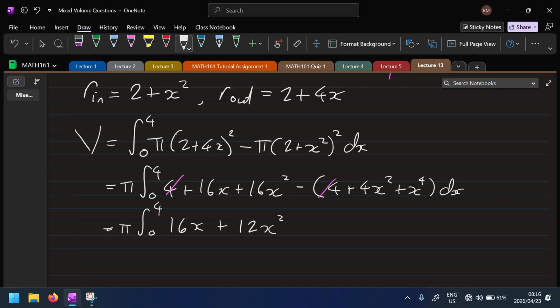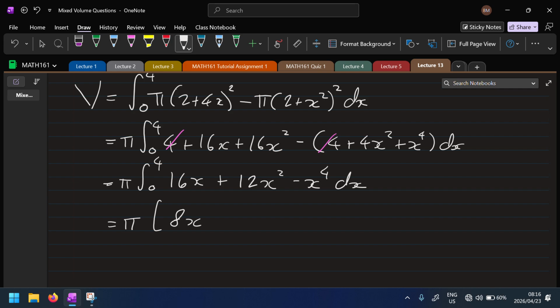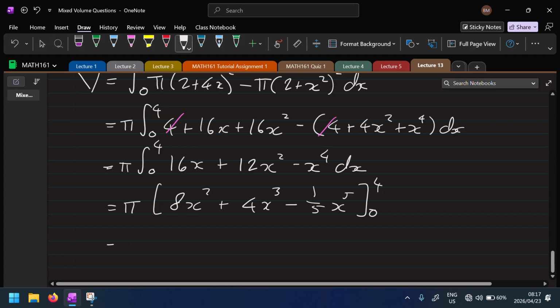And then we have the minus x to the 4 left over in the brackets. So this will be pi times 16 over 2, so that will be 8x squared, 12 over 3, so that will be 4x cubed, minus a fifth x to the 5, from 0 to 4. If we put in 0, we just get 0. So we just put in the 4. What do we get for that? Okay, quick check.